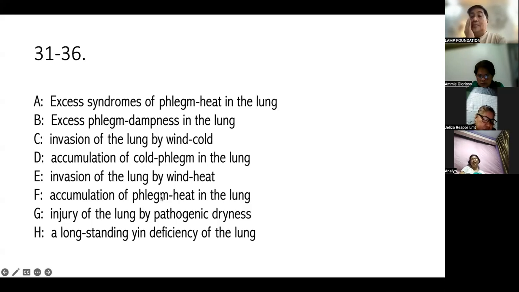Middle third. Doon po si stomach. And? Stomach, liver. Liver sa gilid, di ba? Okay, stomach. Sinong kasama ni stomach sa middle burner? Stomach and liver.